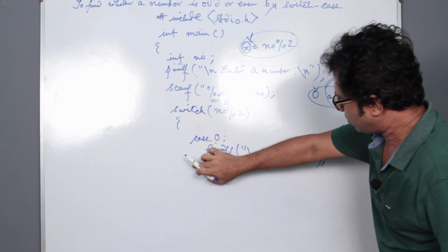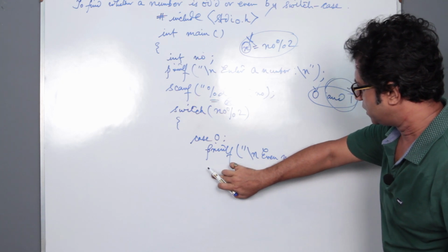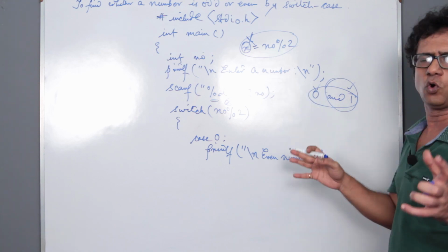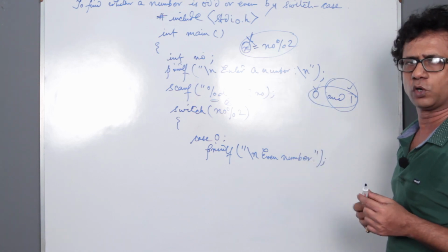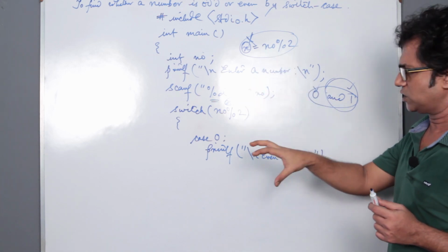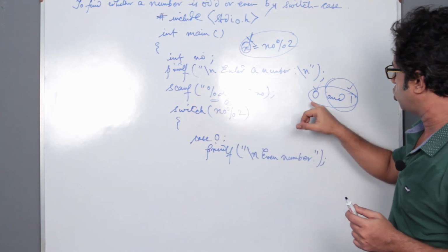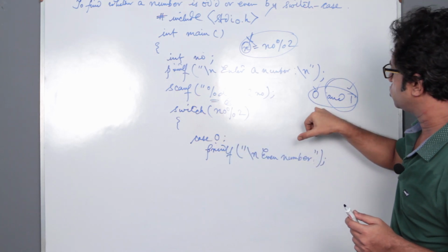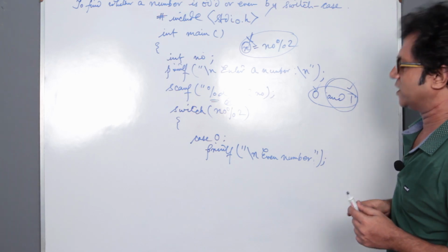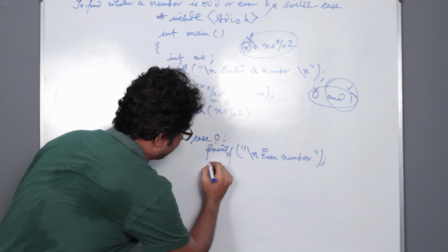So we can write case 1 after putting a break over here, but it is better to go to the default, because default is the case which, as we told you in the previous class, deals with all the remaining portions after dealing with the several specified cases. So I can take this 0 to be the specified case and this 1 to be the remainder case. So this can be written like this.